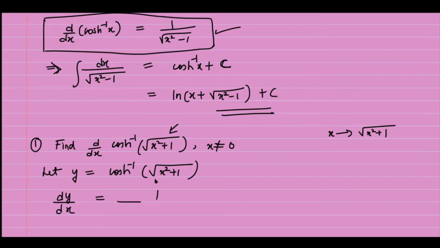So you will get 1 by root of, instead of x we have square root of x square plus 1, so you will get x square plus 1 minus 1.